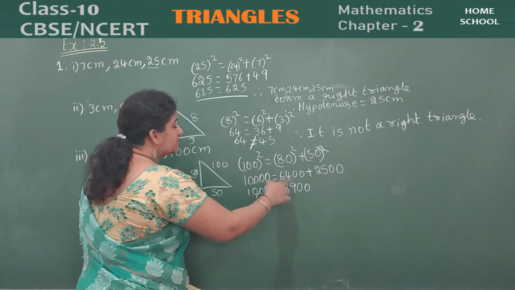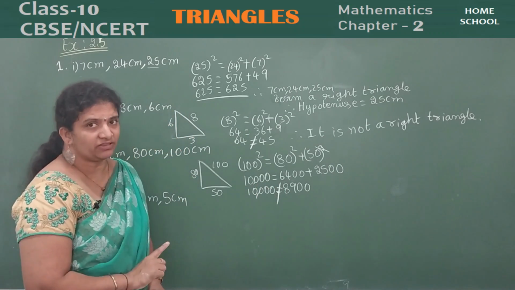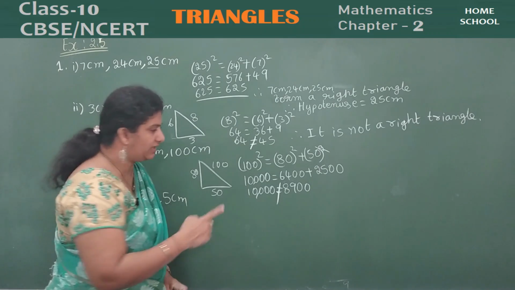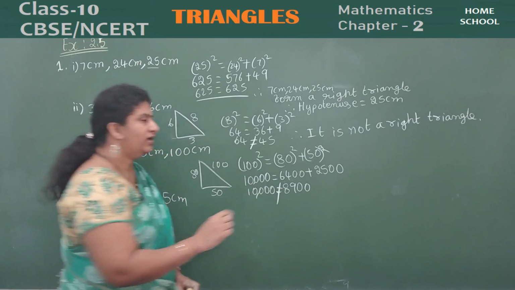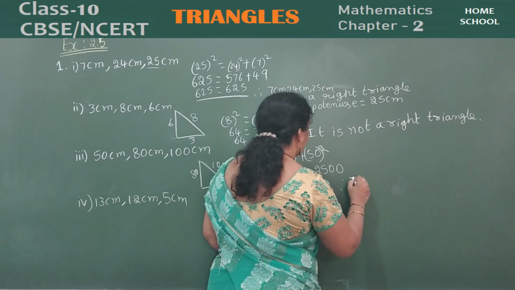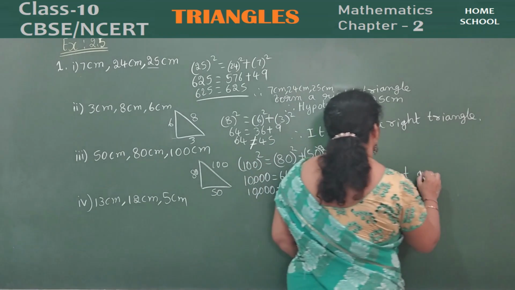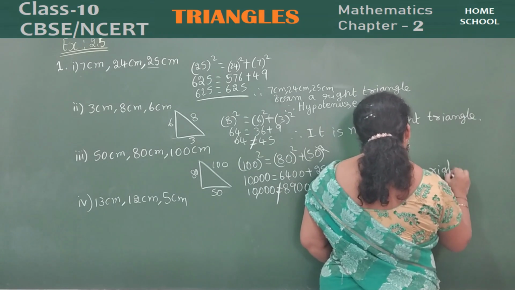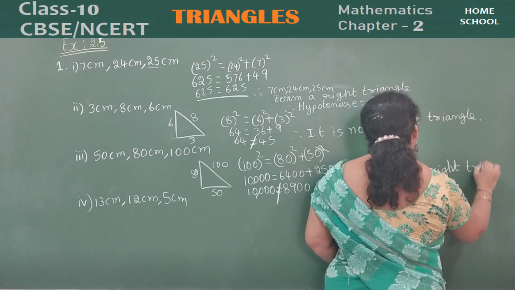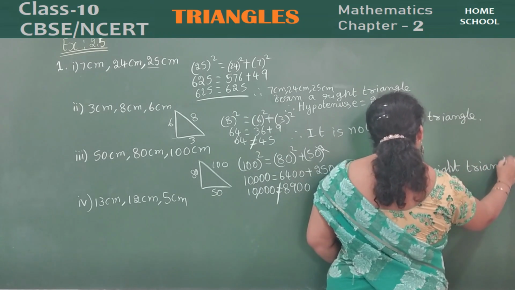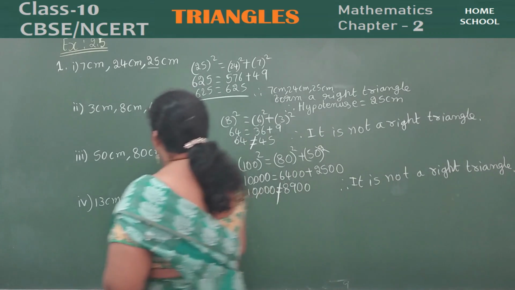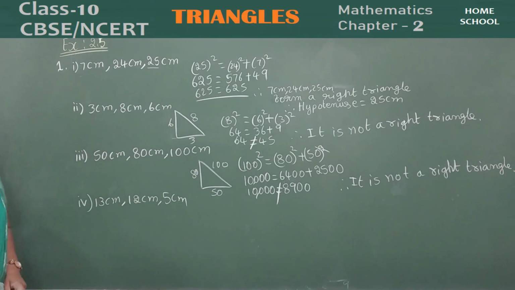If these two sides are equal, then it is a Pythagorean triplet and makes a right triangle. These two are not equal. Therefore, what can you say here? Therefore, it is not a right triangle.